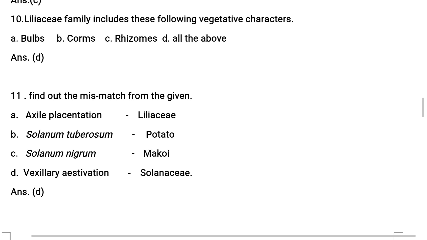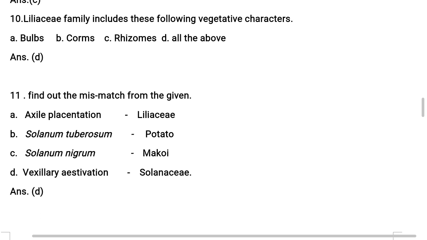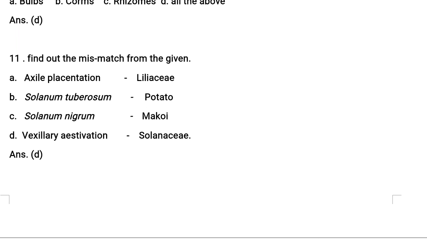We can see all the types of vegetative characteristics in Liliaceae family, such as bulbs, corms, and rhizomes. All those belong to monocotyledons, shortly called as monocots. Understood this explanation? Okay, let's go to 11th question.